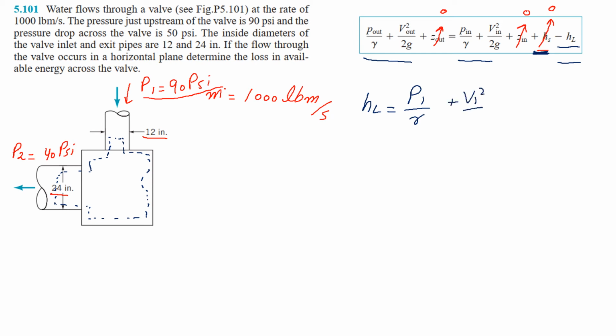P1 over gamma plus V1 square divided by 2g, minus P2 over gamma, minus V2 square divided by 2g.